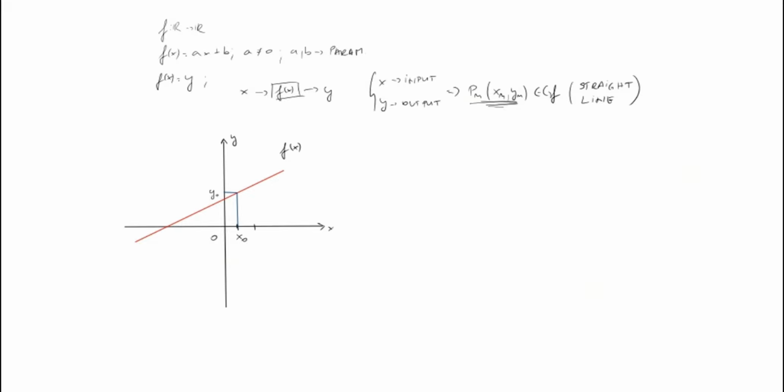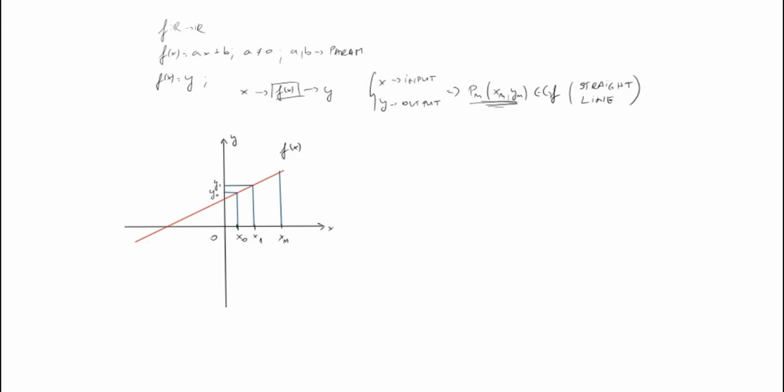Similarly, let's take x1, go up, go sideways, and we will have y1, and let's say this is xn, also coordinate on the x-axis.